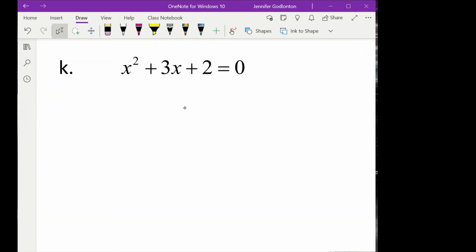Take your time, factorize, and then tell me what my answers are. Just give me your answers in the chat as soon as you have them coming through.